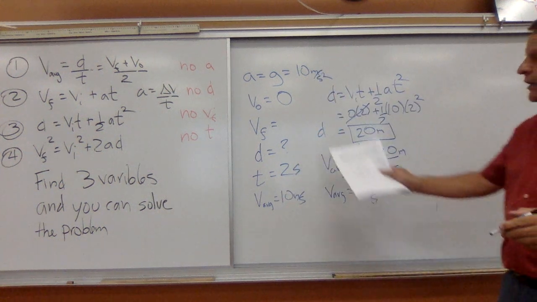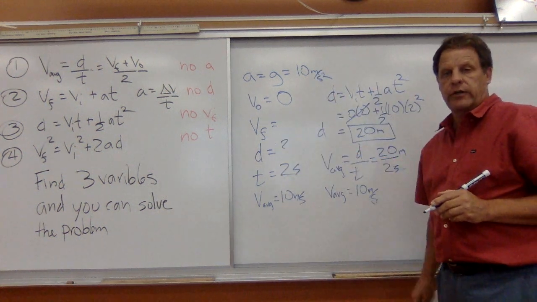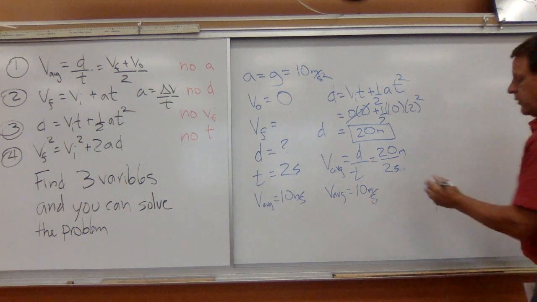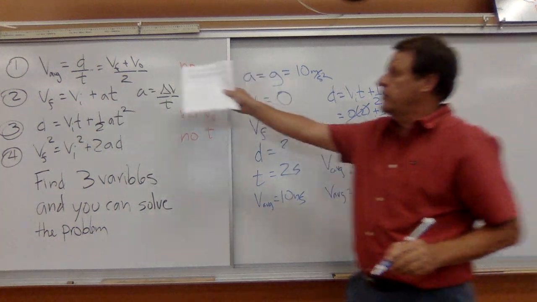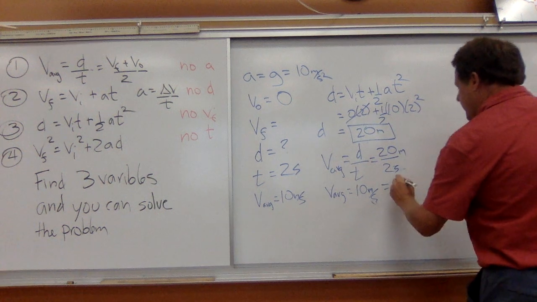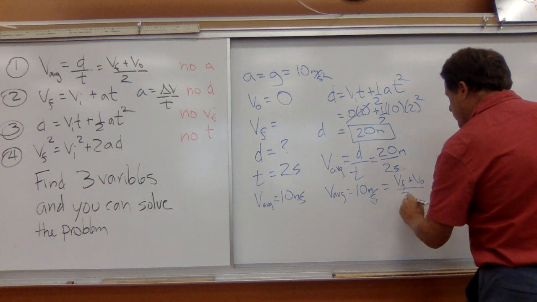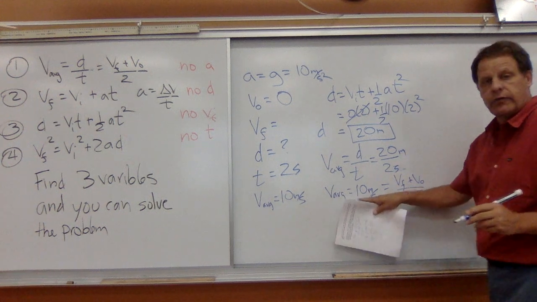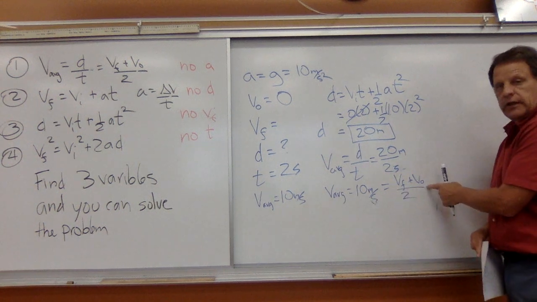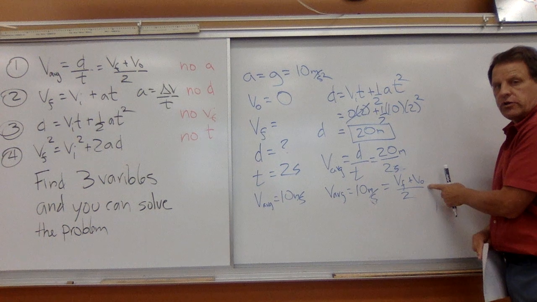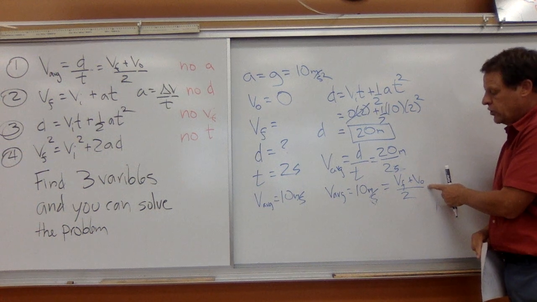And finally, what is our final velocity? We also know that v final plus v initial divided by 2 is equal to our average velocity. This happens if we have acceleration, and since we dropped it, we know we do.